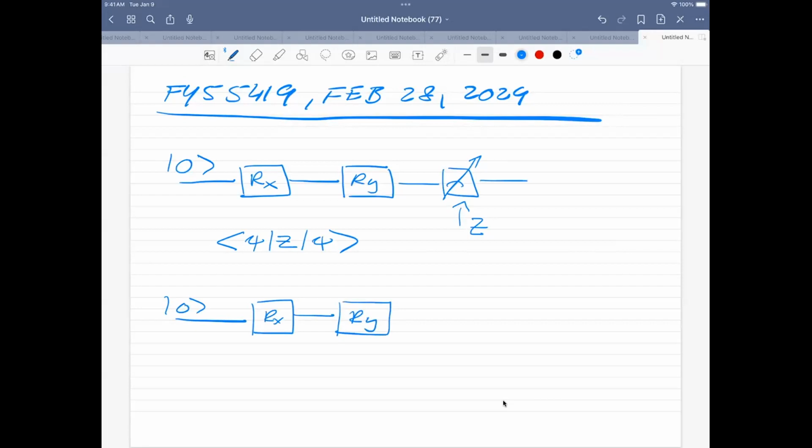But since I have a computational basis which is not an eigenbasis of the X matrix, I would have to perform a Hadamard transformation. I would perform a new one, a Z here, and then a new Hadamard transformation, and then I would do my final measurement.